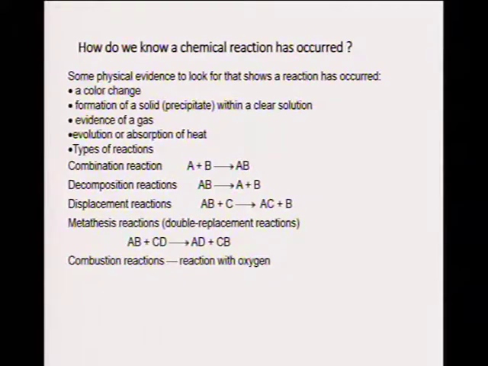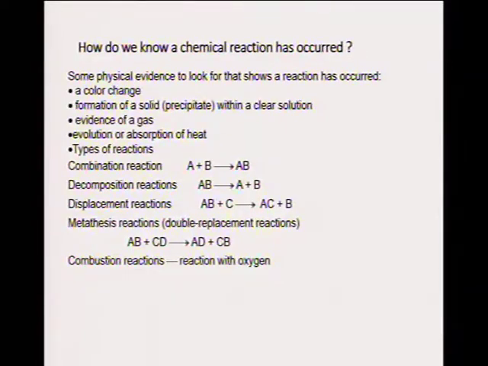Is heat absorbed or released? If there is heat absorbed or released, if there is some evidence of gas being released, if there is some solid released, if there is some color change, then we know, according to these physical evidences, a chemical reaction has taken place.